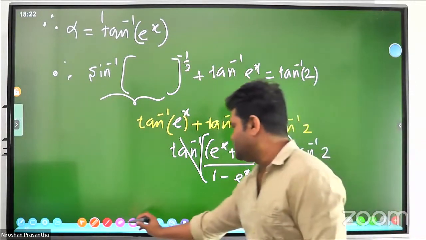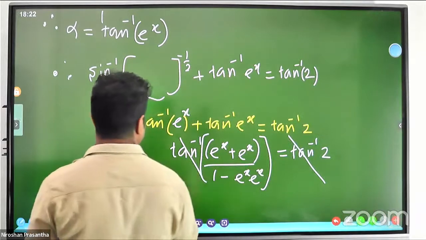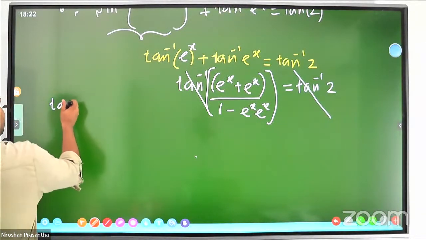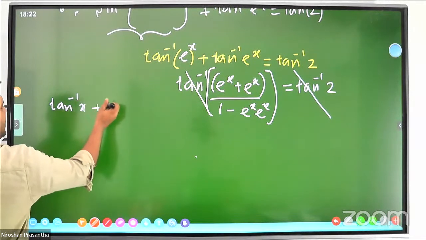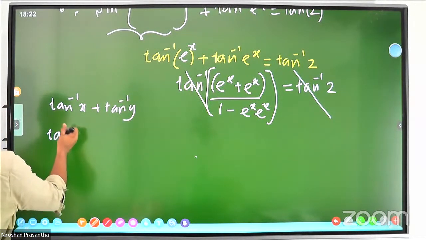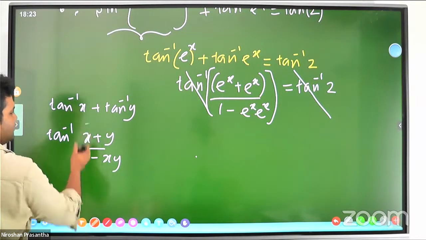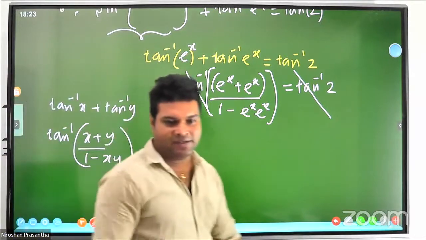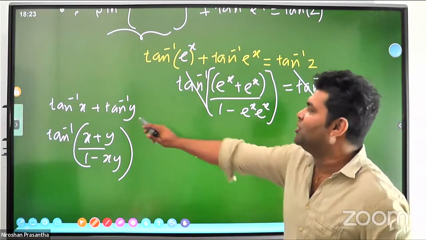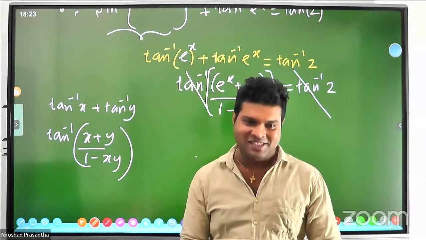Now, how did I get this one? You know, tan inverse x plus tan inverse y, we can write it as tan inverse of (x plus y) over (1 minus xy). Can you remember? This is the formula we applied.